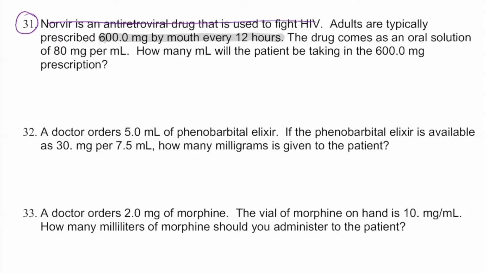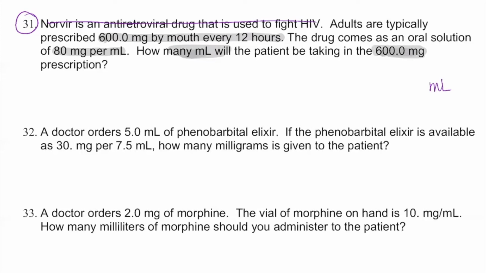The drug comes as an oral solution of 80 milligrams per milliliter. That's another potential conversion factor. How many milliliters? Okay, that's what we're asking for. So we want to know how many milliliters the patient will be taking in the 600 milligram dose. And so this is directly asking how many milliliters are in 600 milligrams.